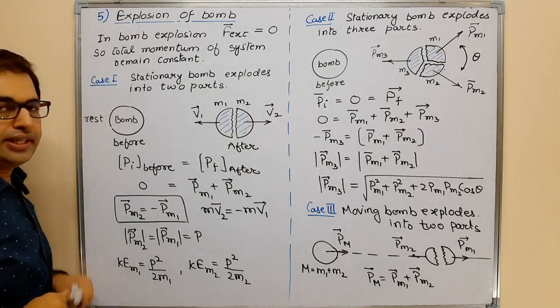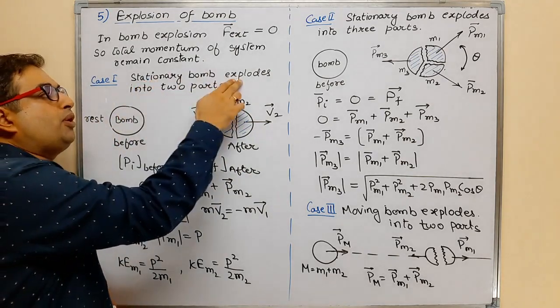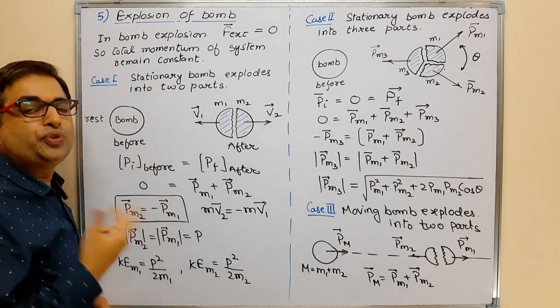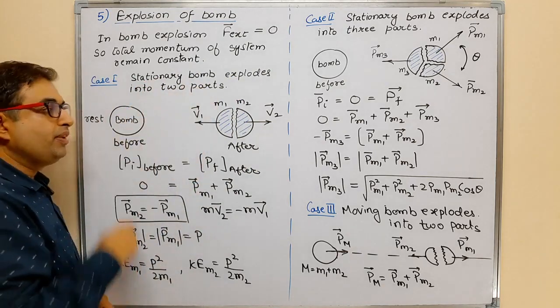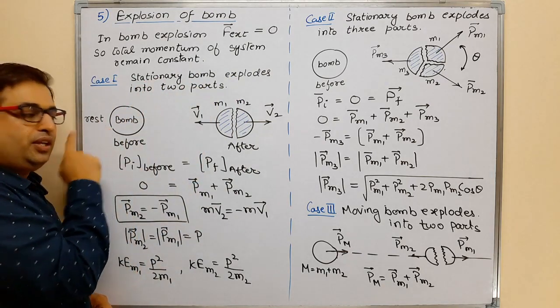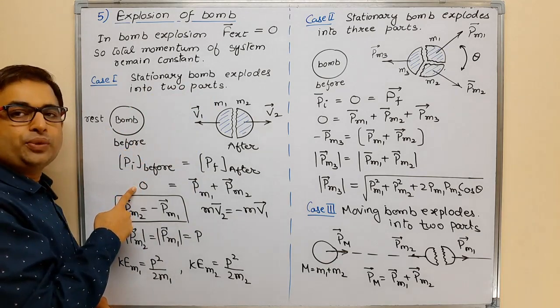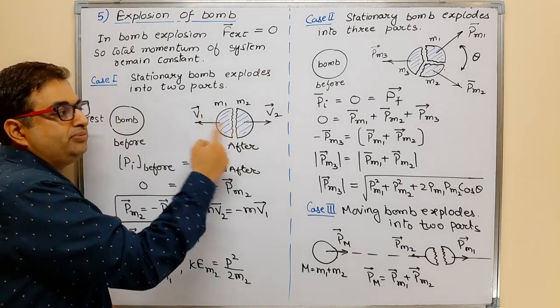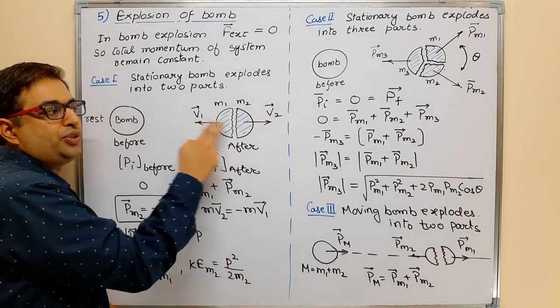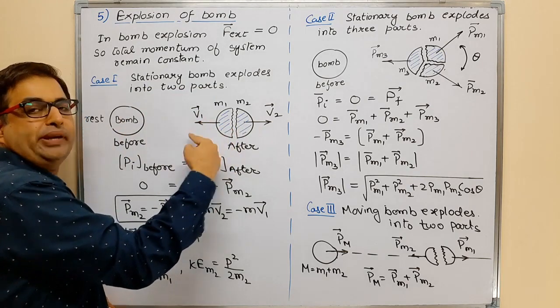Let us take the first condition in which a stationary bomb explodes into two fragments or two parts. So initially bomb is in rest state. So initial momentum of the bomb before blast is equal to 0. Final momentum will be in two parts because there are two fragments, so there will be two momentums.